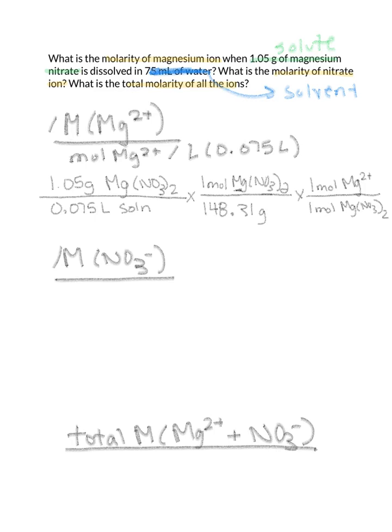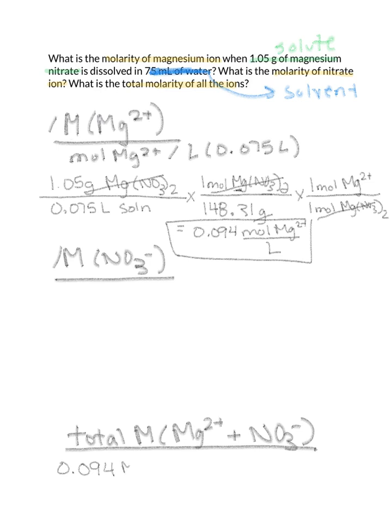So now I look at this, I see that I cross out the grams of magnesium nitrate, I cross out the moles of magnesium nitrate, I'm left with moles of magnesium 2+ per liter, exactly as I'm supposed to be. Numerically, that comes out to 0.094 moles per liter. And by the way, the total down here, I can go ahead and transcribe that, 0.094 molar magnesium 2+, and I'll add that to whatever I get for the nitrate.